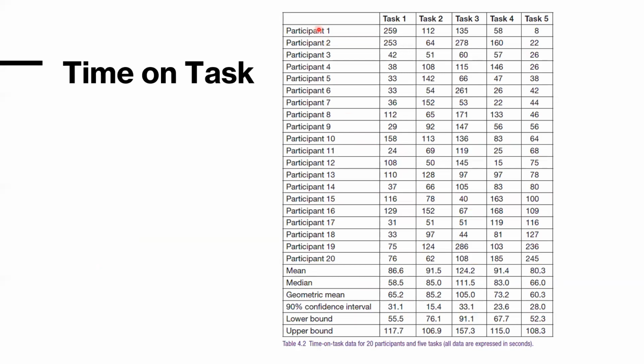So you will have many participants, like 1 to 20, which is a good number in a usability test. For tasks 1 to 5, we record in seconds. This is individual participant specific, and this is task specific.